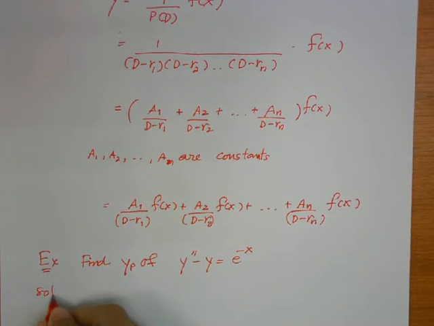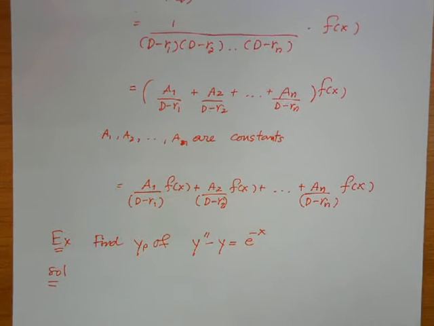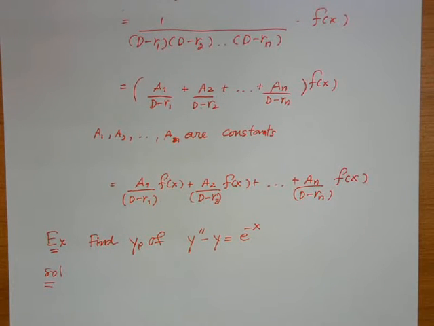Again, if they are asking you to find yp only, then do yp only. But if they ask you to find the solution of that differential equation, you have to check whether it is non-homogeneous. If it is, then your final solution is composed of yh and yp.